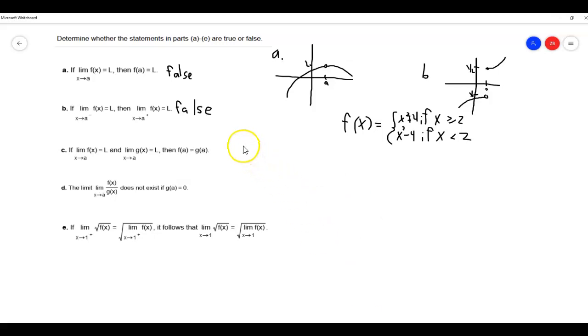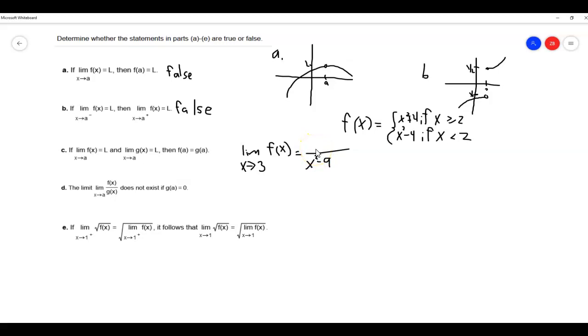So let's say we had the limit as x approaches 3 of f of x, and let's say we had something on the bottom like x squared minus 9, and that'll get rid of the x minus 3s.